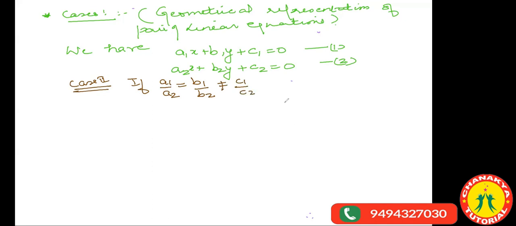Clear? If A1 upon A2 is equal to B1 upon B2 is not equal to C1 upon C2.